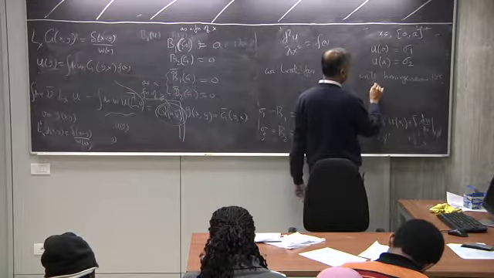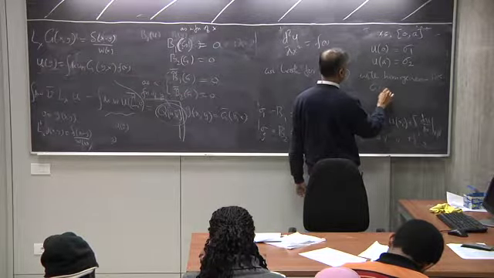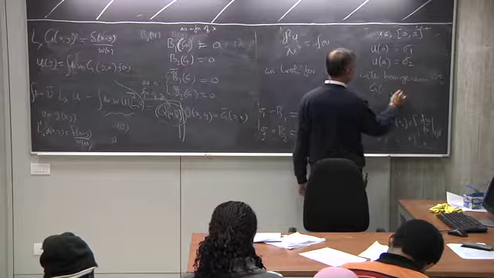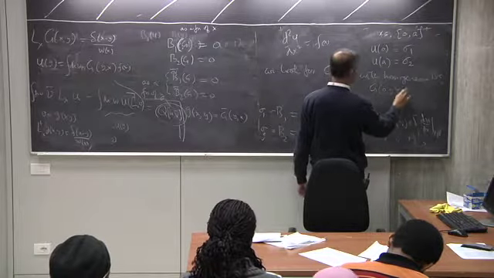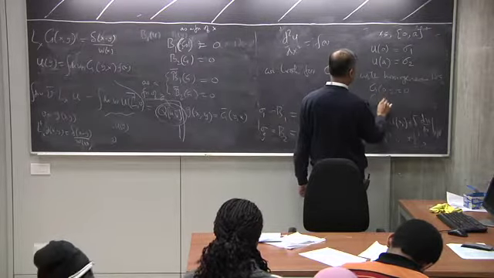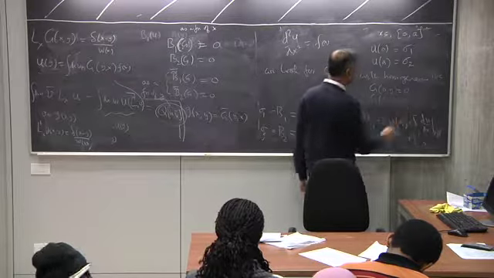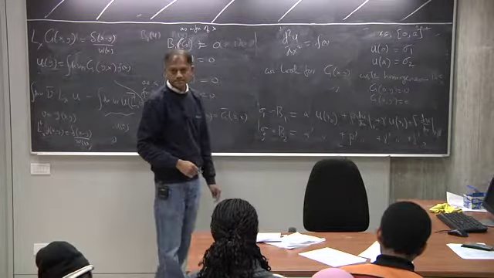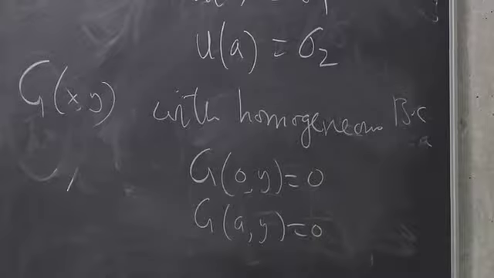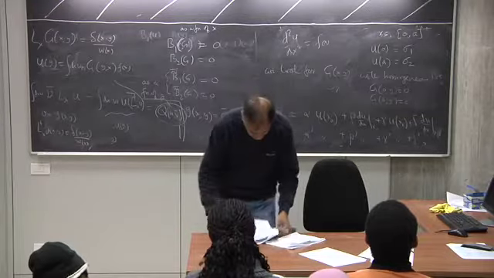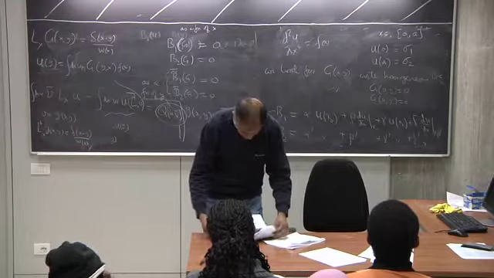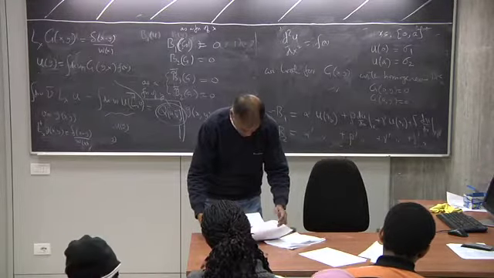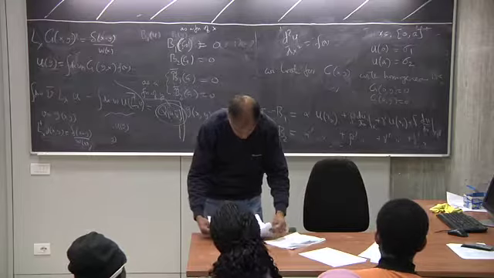That is, g at 0, y equal to 0 and g at a, y equal to 0, the two boundary conditions. So this satisfies the homogeneous boundary condition, and we already constructed it. Let me not spend time on this again, and just write down the solution which we did last time.